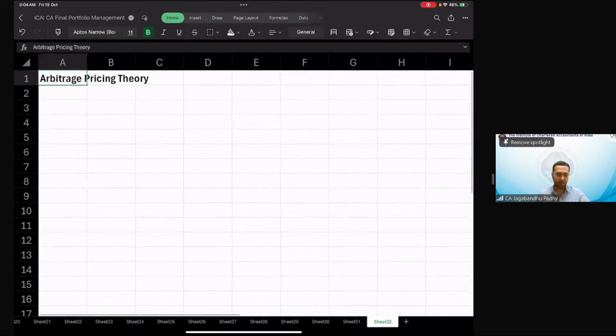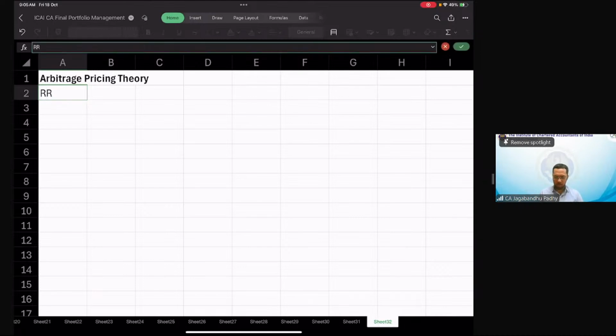So this APT model takes the CAPM model one step ahead. It says that we calculate the required return on a particular security as risk-free plus beta into RM minus RF.